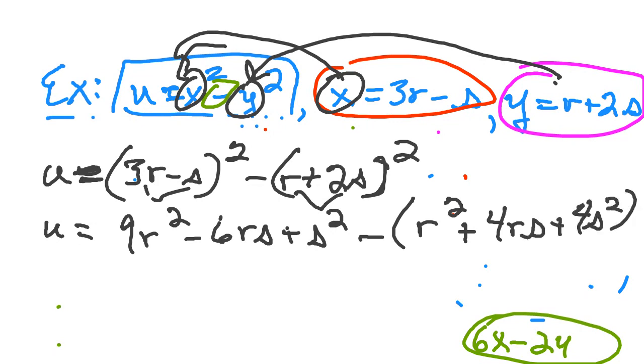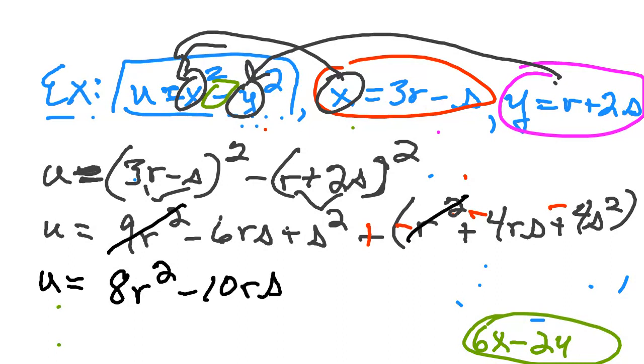Now I'm going to go ahead and distribute that minus sign through there and try to simplify this to see what u is in terms of r and s as a function. So 9r squared minus r squared is 8r squared. And then we've got minus 6rs minus 4rs is minus 10rs.